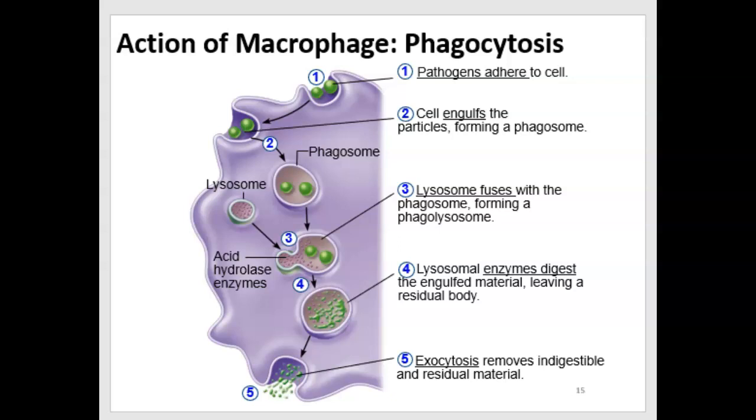Eventually what happens is that the phagosome with the residual parts of the pathogen will fuse with the cell membrane, and through exocytosis, that residual material will be expelled from the cell. So that's the process of phagocytosis.